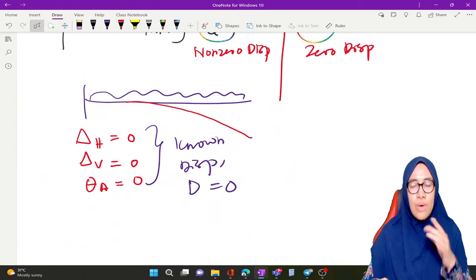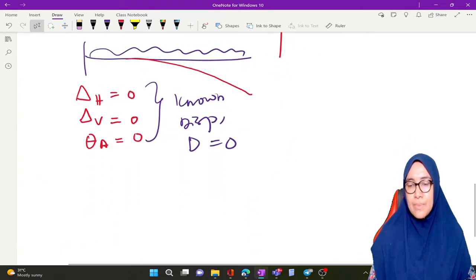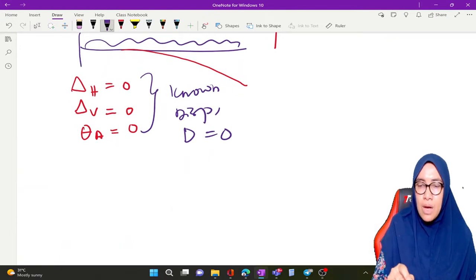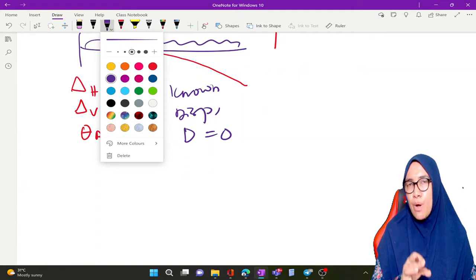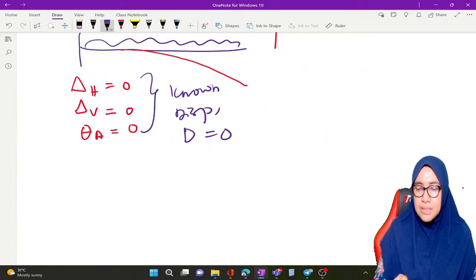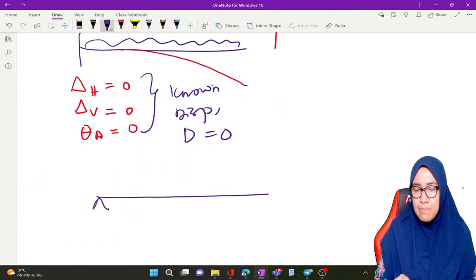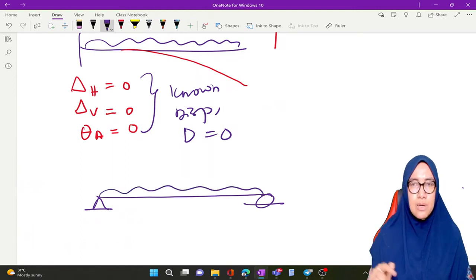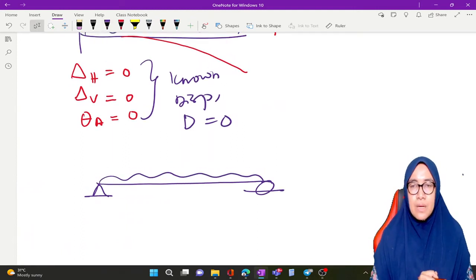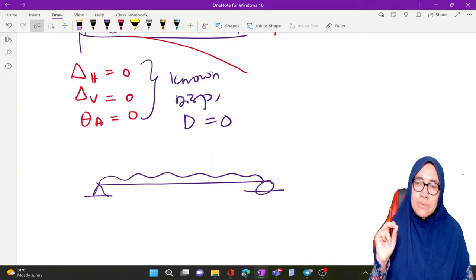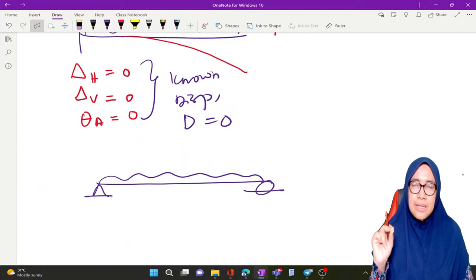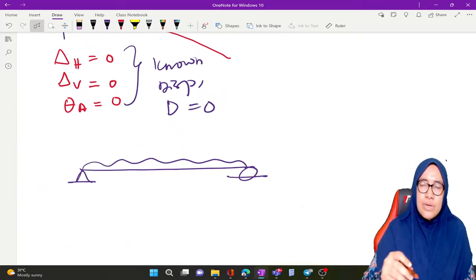That's for the fixed end. What happens for pin? Let's say I draw a simply supported beam, subjected to loading, UDL again. What is the shape of the deflection due to the loading?